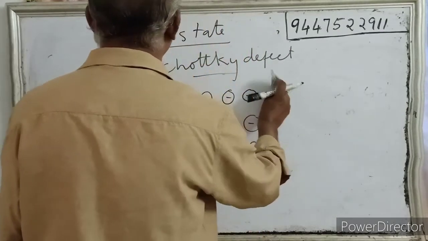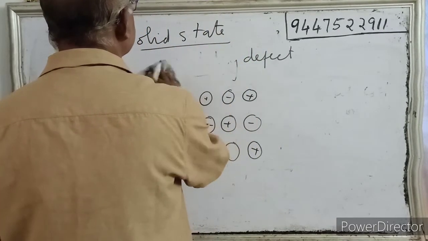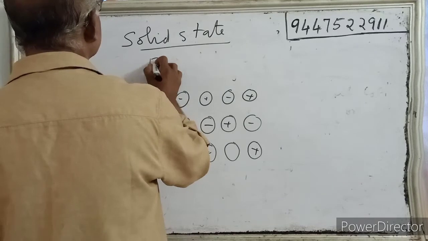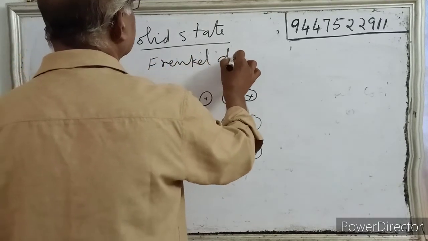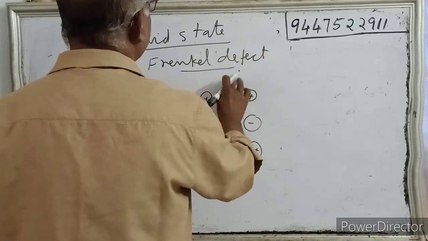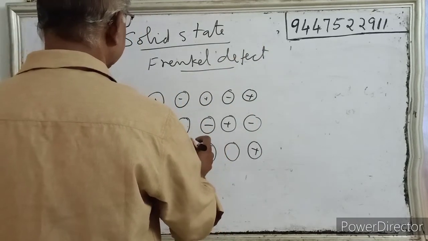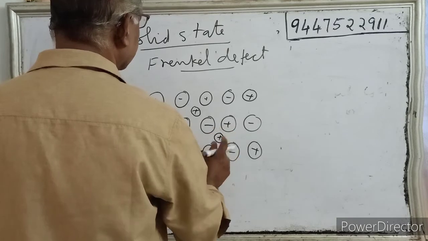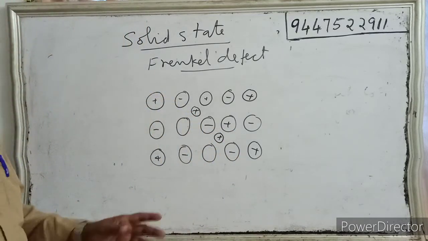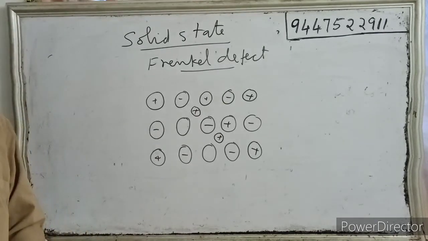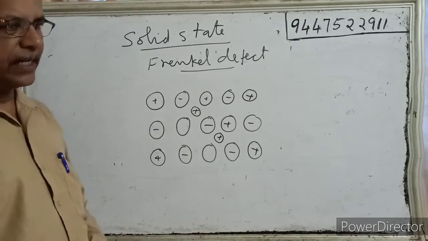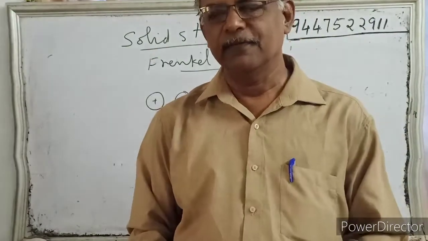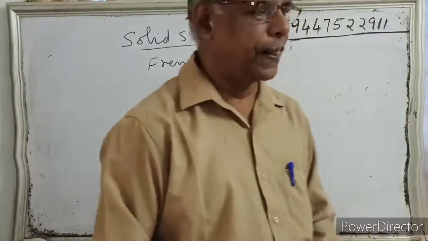Next, last one is Frenkel defect. Frenkel defect arises when cations are shifted to the interstitial position from their normal position in the crystal lattice.